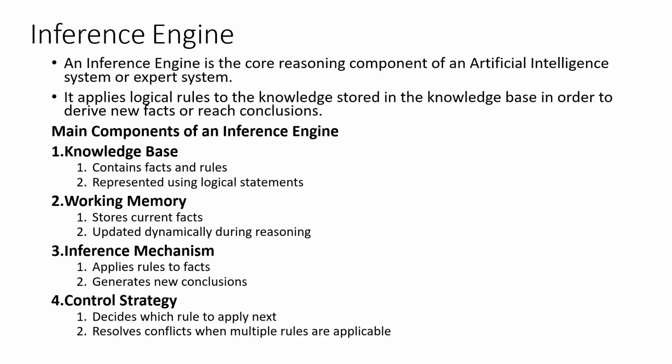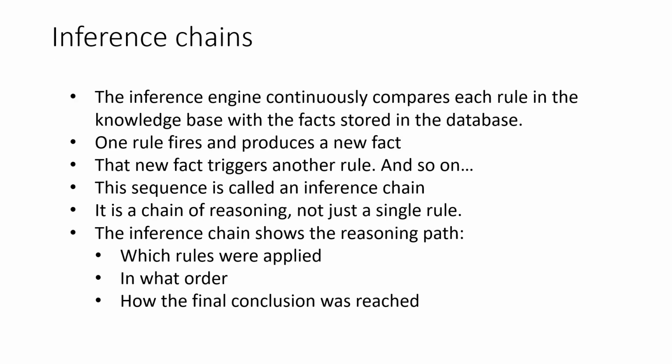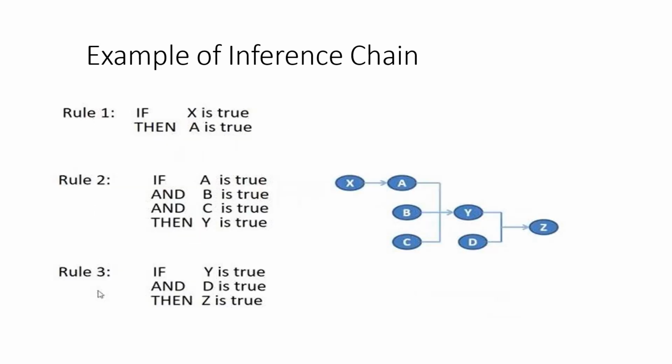So inference is not one step, it is a cycle. It is connected to forward chaining and backward chaining. We will discuss in detail what forward chaining and backward chaining are in this session. An inference chain is reasoning in steps, not a one-shot decision. Here we can see an example.